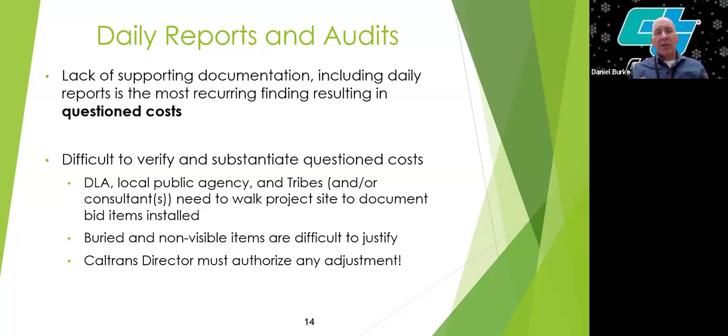It's probably easy to determine visible items, but buried and non-visible items are extremely difficult for the construction oversight engineer to justify as being paid for. That's why it's so important to make sure that your daily report is complete and does document that those items were implemented or installed on the project.